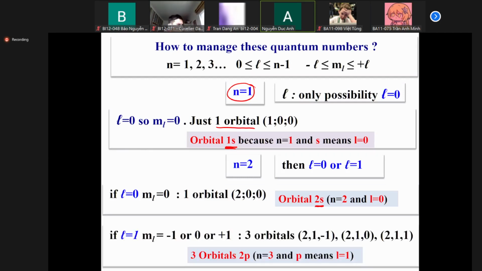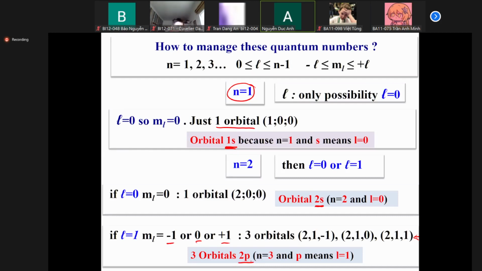But in the case of L equal to 1, you will have 3 values of ML: -1, 0, or +1. So you will have 3 sets of quantum numbers, or 3 orbitals, which are the 3 orbitals 2p.